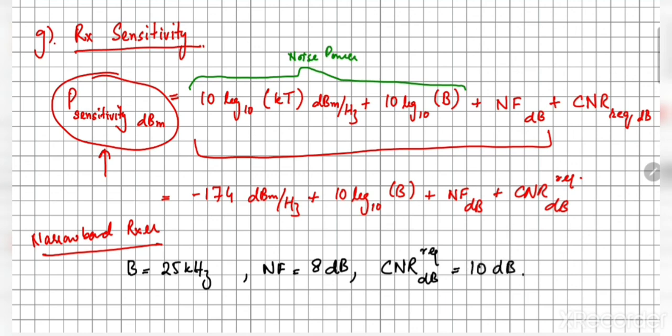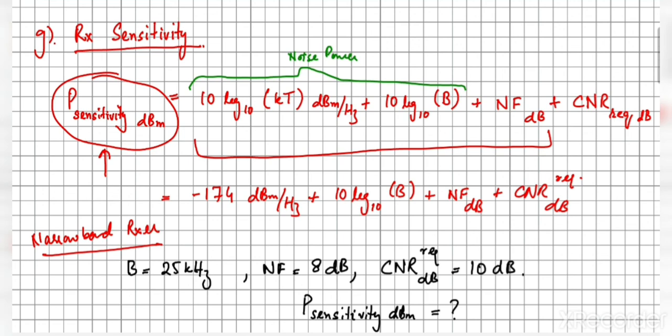If for a particular modulation and coding scheme that is being used over this narrowband channel of 25 kilohertz, you require this carrier to noise ratio to be at least 10 dB, and if the noise figure of the overall system is 8 dB, what is the sensitivity? What is the minimum signal power that you can feed into this narrowband receiver and still be able to reliably decode the information message?